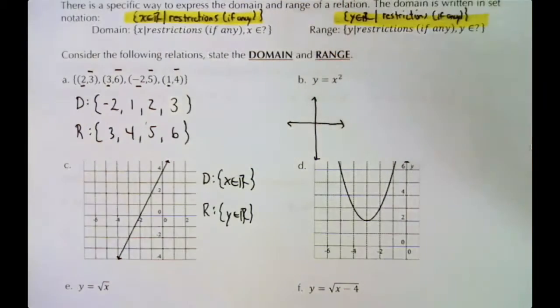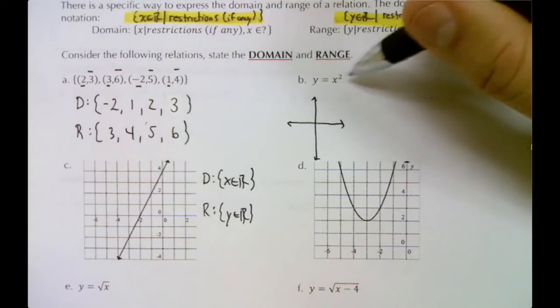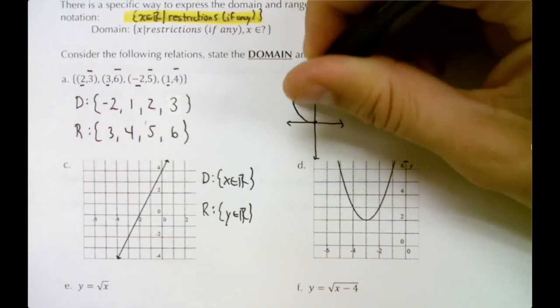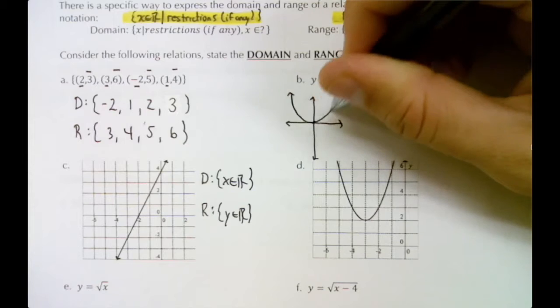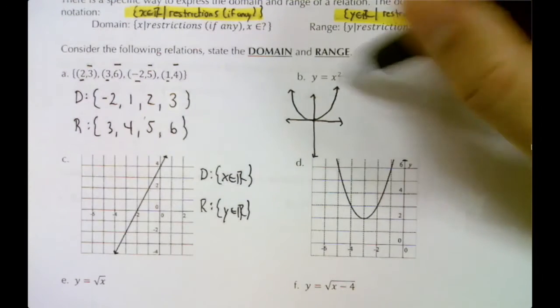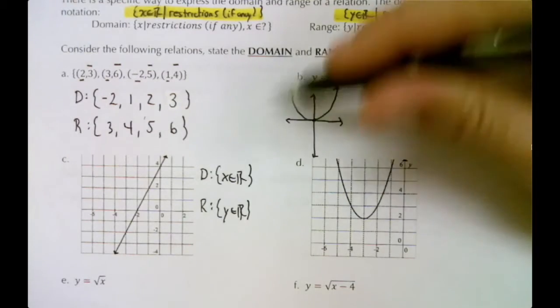Well, y = x² is a parabola, and it's the original parabola with no transformations. So that means it starts at (0, 0), and it goes up like this, and up like that. And if you didn't remember that, you'd have to make a table and graph a couple points to remind yourself what it looks like. Once you have a picture, it's much easier to come up with the domain and range.